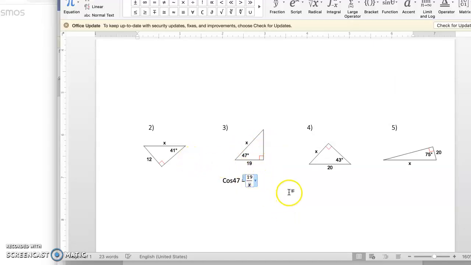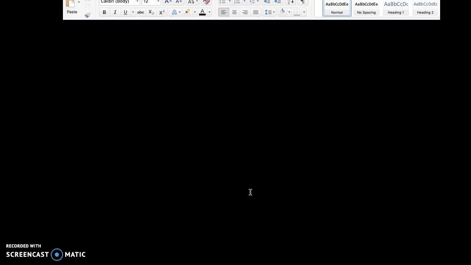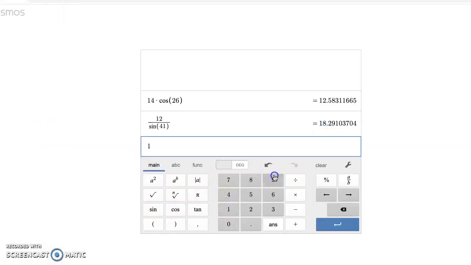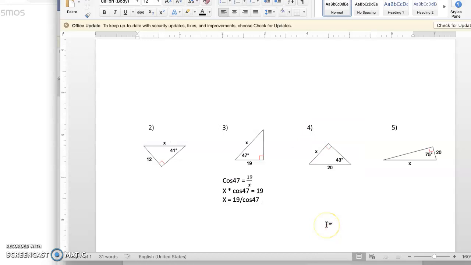And just like number 2, when we cross multiply, it's going to be x times the cosine of 47 is going to be equal to 19. And then to get x by itself, we divide by the cosine of 47. So x is going to be equal to 19 divided by the cosine of 47. And if we enter that into the calculator, 19 divided by cosine 47, we have about 27.9 for that leg length.